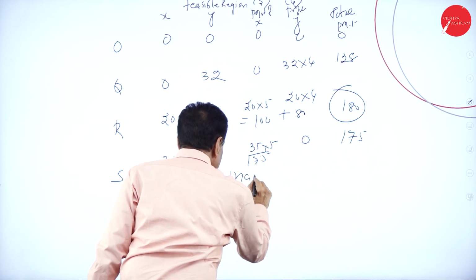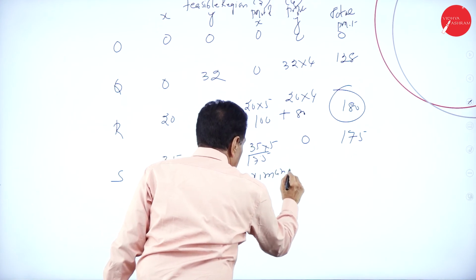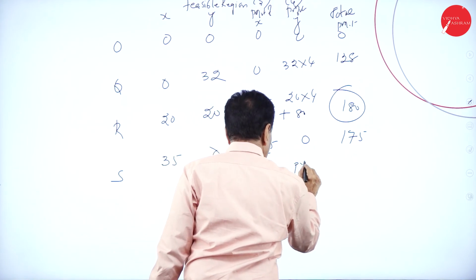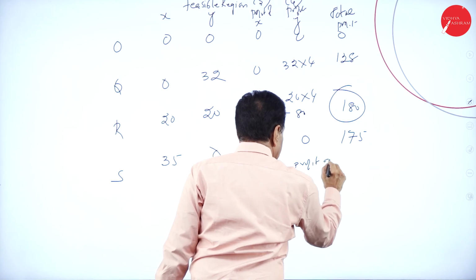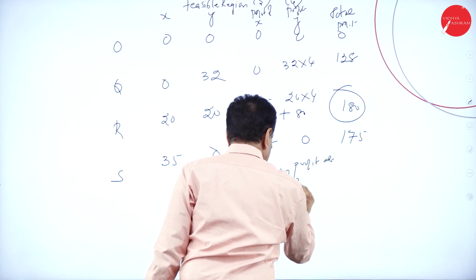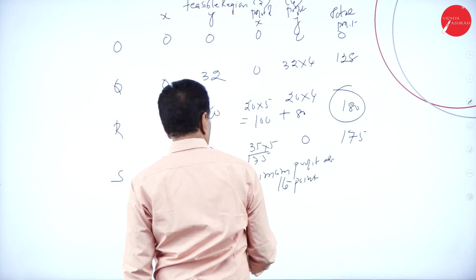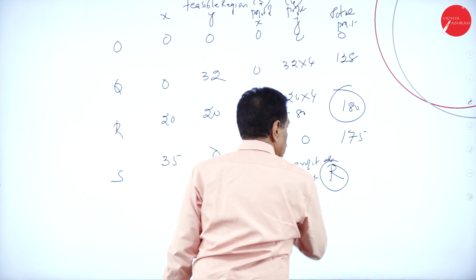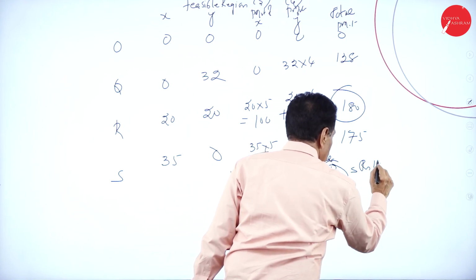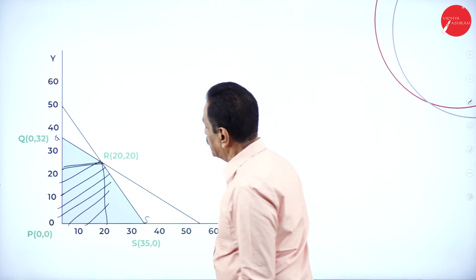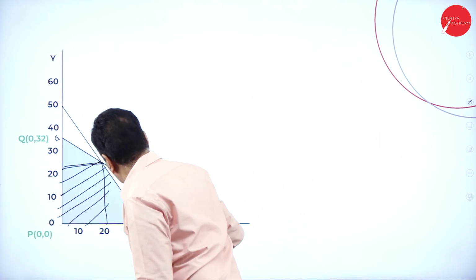Maximum profit at the point R is rupees 180.